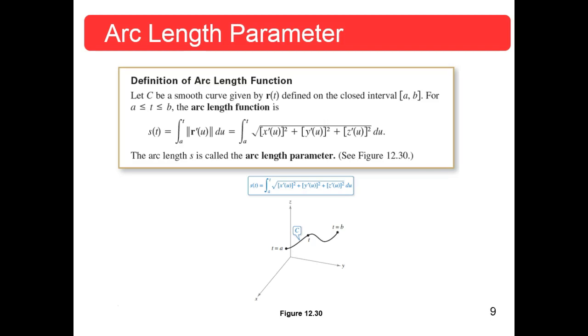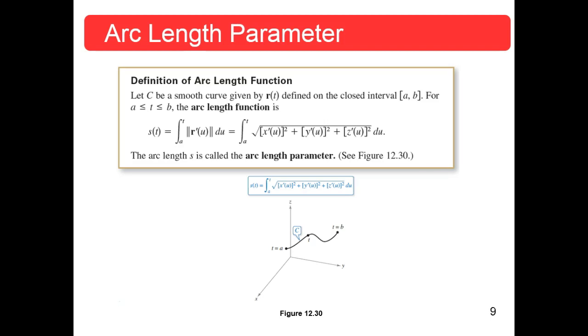And because of that, now we're going to do this function, rather than going from a to b. t is your original variable, but you're going to put that as the upper limit of your dummy variable u, okay? So you're not going all the way to b necessarily, but you're going from a to t, where t is somewhere between a and b.